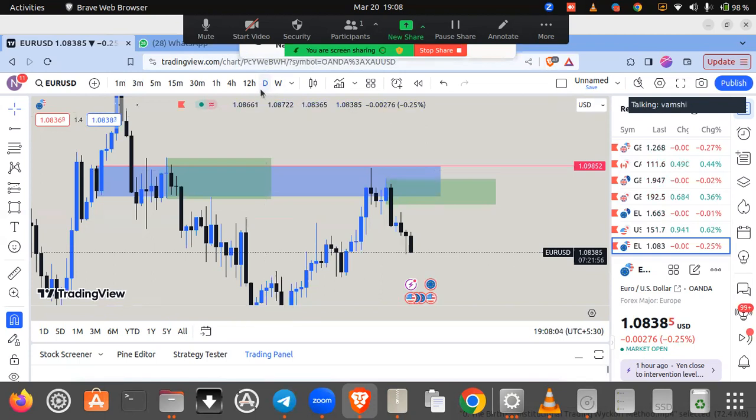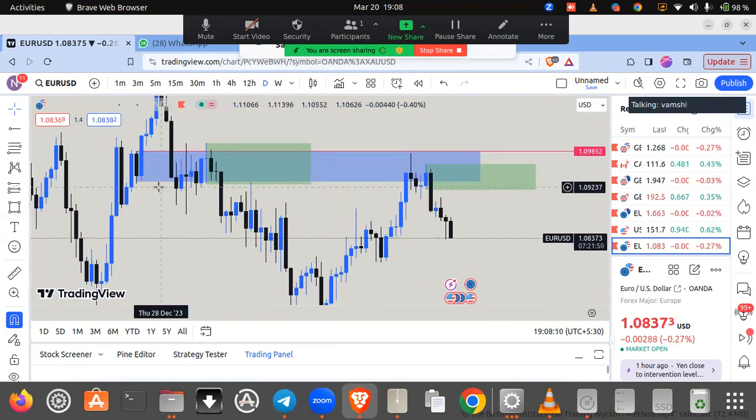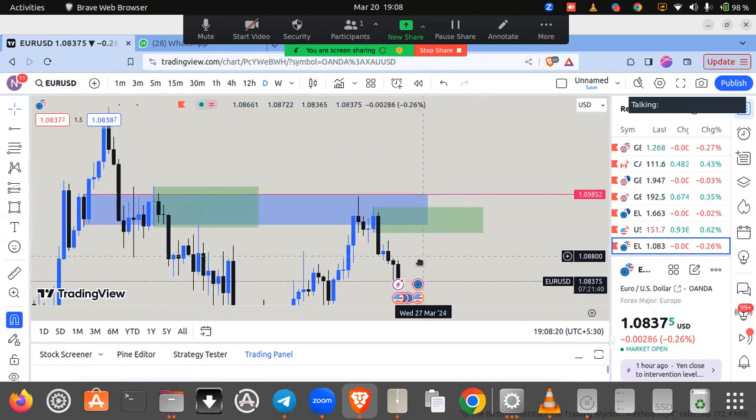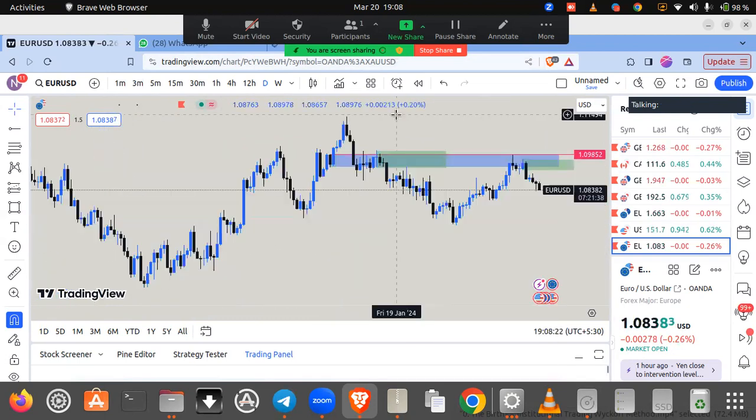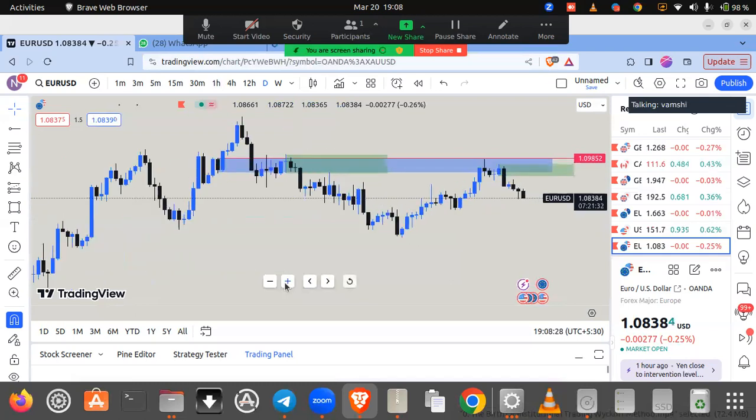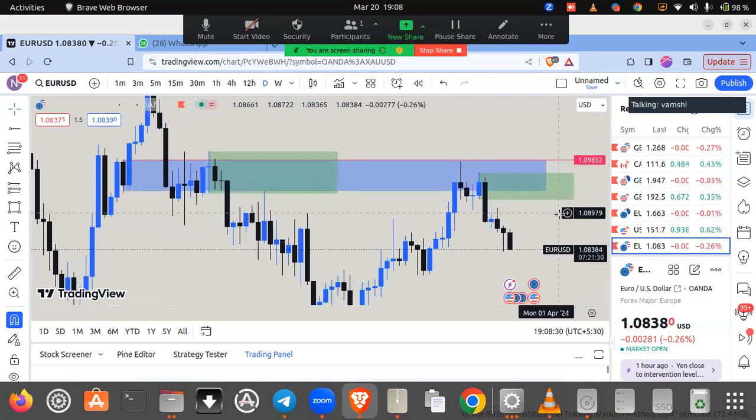So this is a very strong setup on a higher time frame. Engulfing buy fail, engulfing sell 1, engulfing sell 2, or A, then B, and here we have C. I hope you guys are clear with it. Take a screenshot if you want.